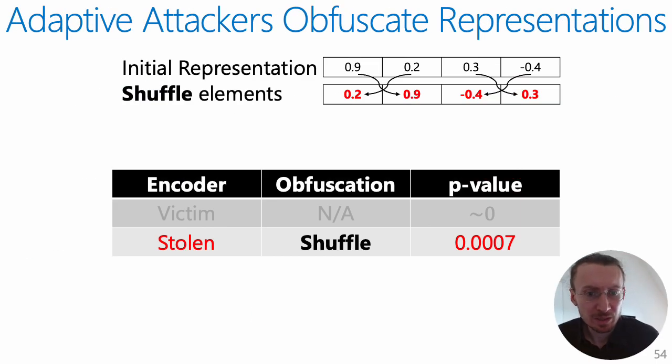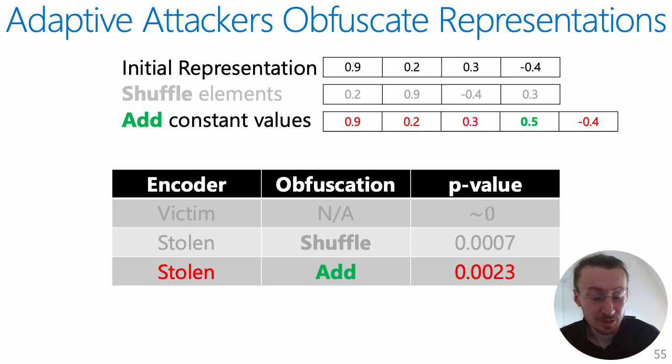So, what are the potential obfuscations that an adaptive adversary can apply? An attacker might obfuscate the representations, for example, by shuffling the elements in the representations. This is done by moving the, let's say, first element from the initial representation to the second position, and then we move the element from the second position to the first position, and so forth.